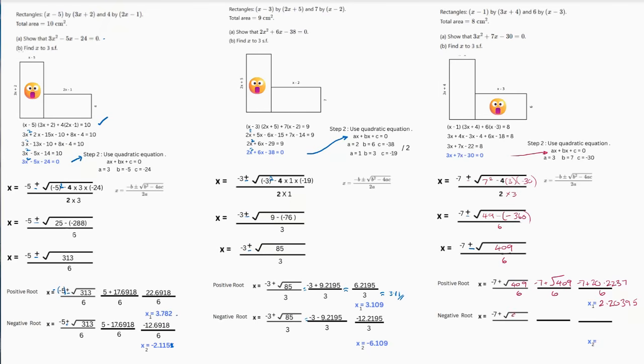Next one, same again, 409, but it's a negative. So we're going to do negative 7, negative square root of 409 over 6. This time you're going to get negative. You would put all that in again, but with a negative here. I'd just like to clarify that.